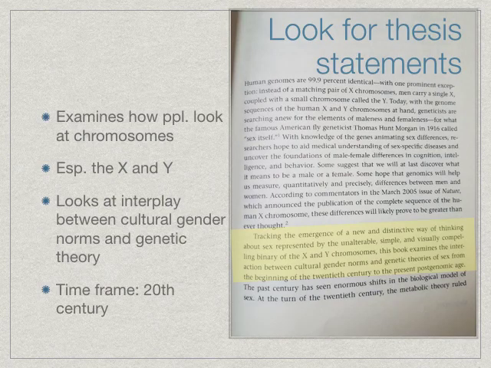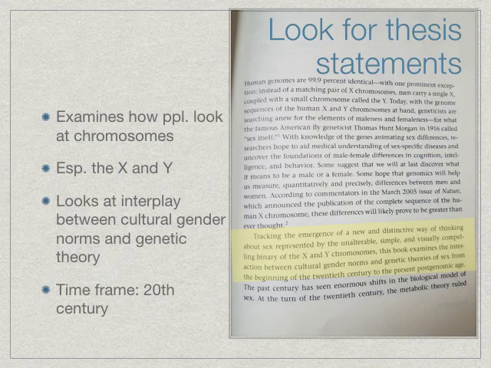Now, the first chapter, the introductory chapter, you're going to want to look at pretty carefully, even if you're just gutting the book to get an idea of how it's organized and what it argues. And as you look at the first chapter, you want to do things like look for thesis statements.